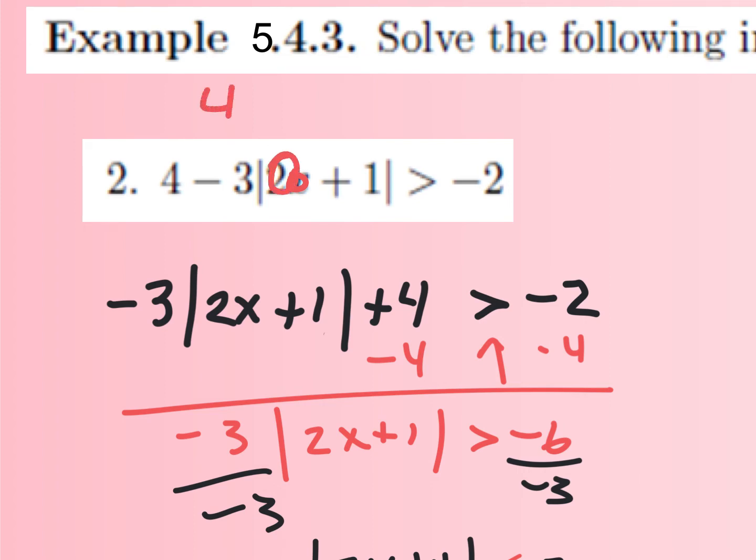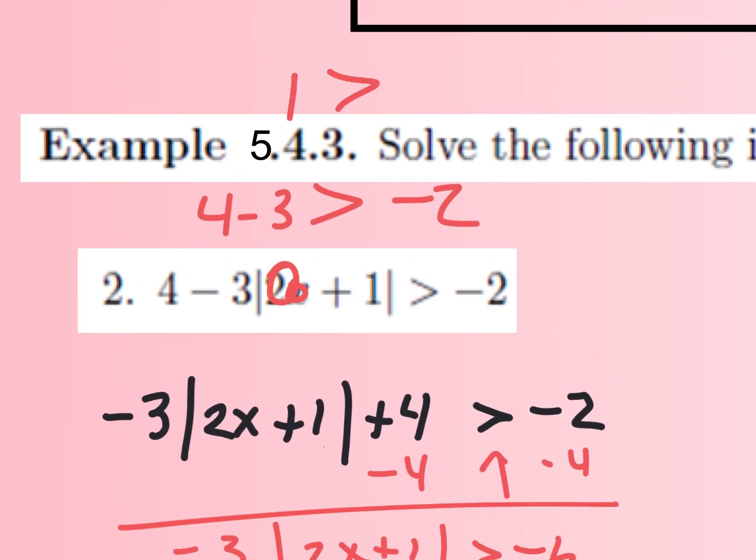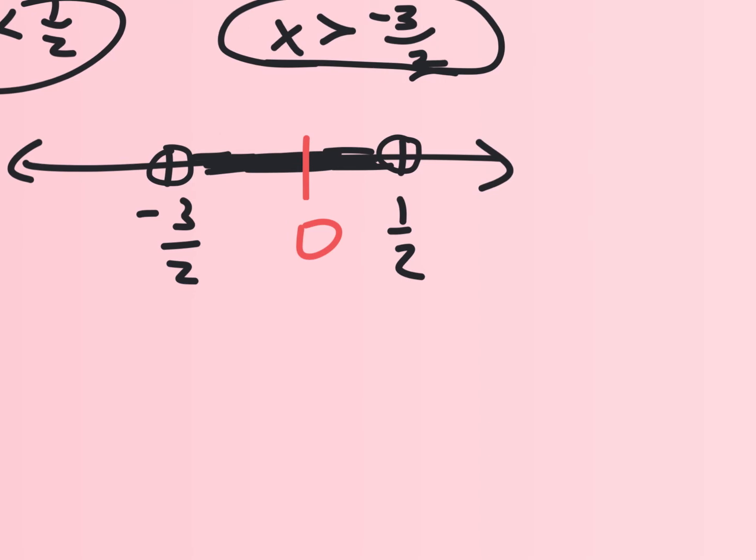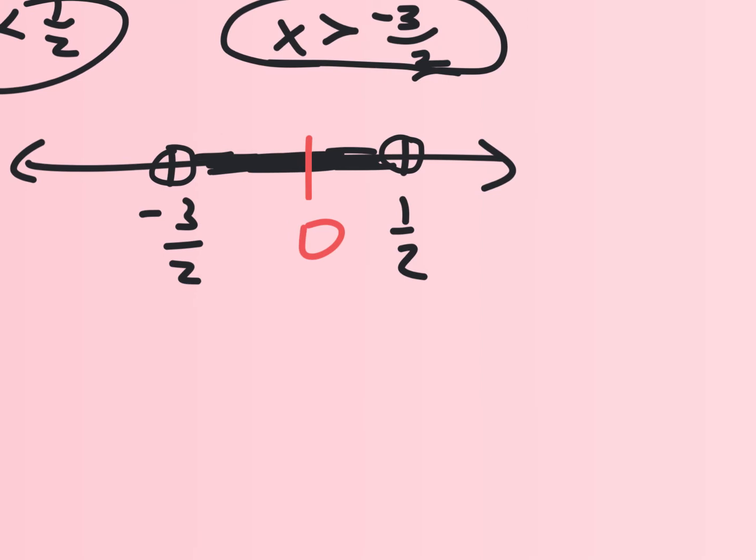So now I have 4 minus 3 times 1, which is just 3, greater than -2. And this part's a pain in the butt, so I'd rather avoid it. 4 minus 3 is -1. No, it's 1. And then it's saying 1 is greater than -2, and it is. So then you can shade that area. But I already knew that. So I like this way of doing it with this.